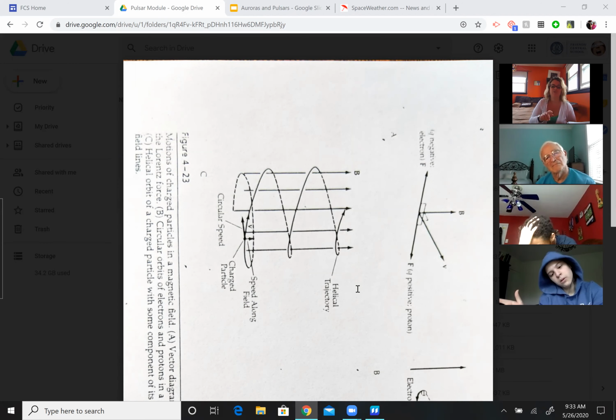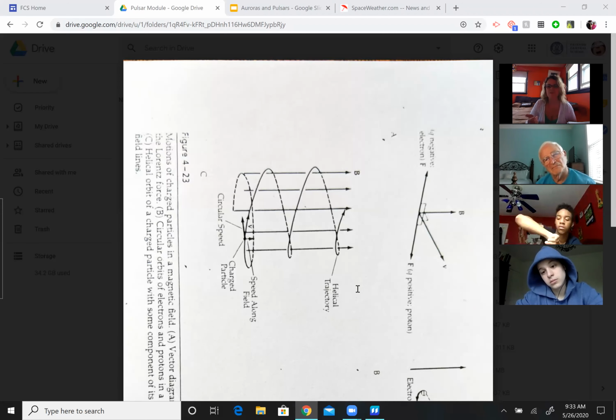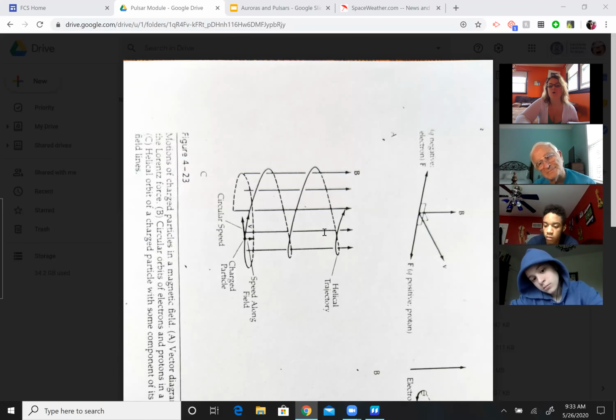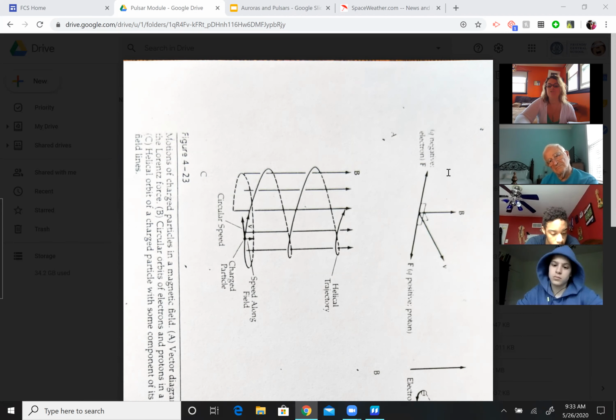Now, I cannot turn my hand that way. You shouldn't either. You're going to break your wrist. But what they are trying to indicate here in the diagram is just reminding you of two things. One is if you have the configuration with the right hand rule, that the force for a positive proton follows that right hand rule, but a force on a negative particle like an electron would be in the opposite direction.